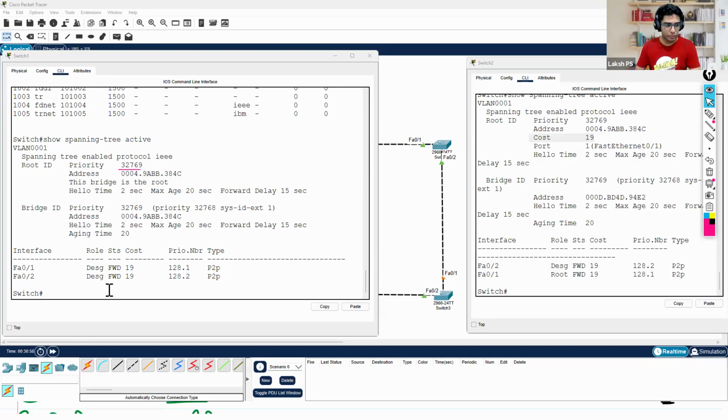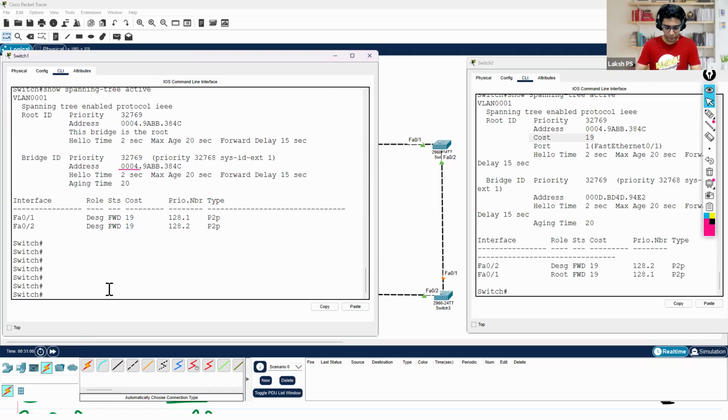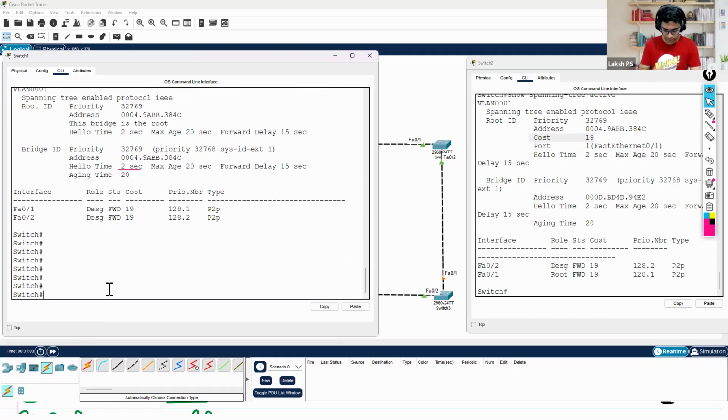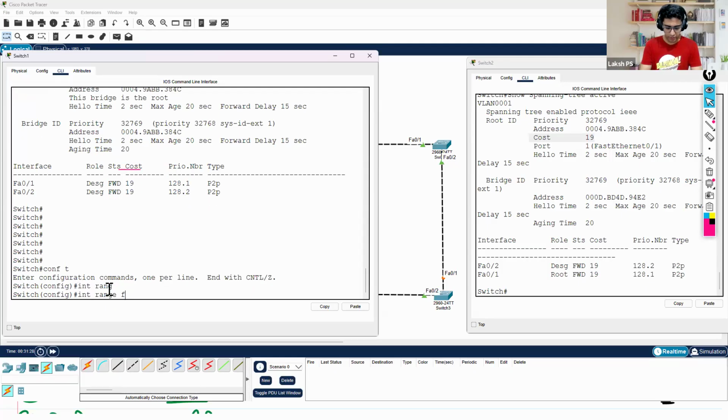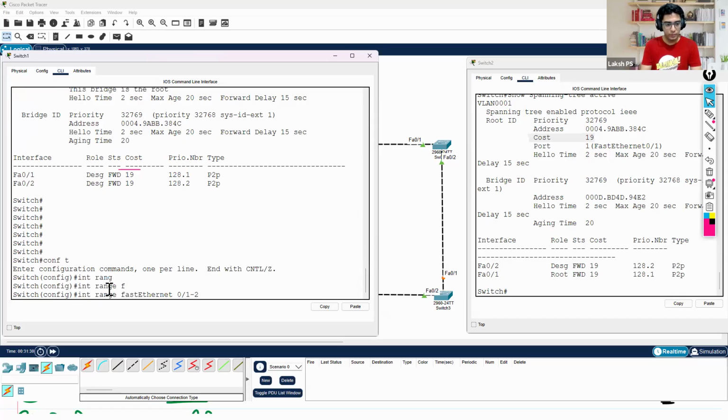Let me just add one more VLAN. Configuration terminal. I'll have to create trunk interfaces and all these. Interface range, fast Ethernet 0/1-2.